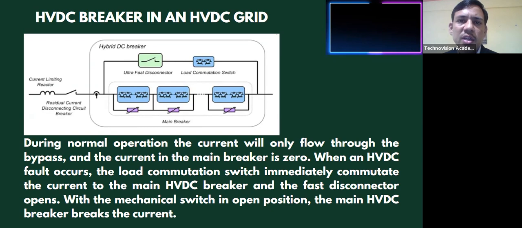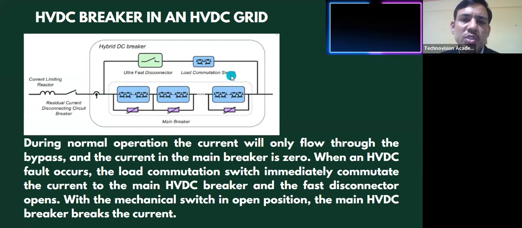But here in HVDC, especially VSC HVDC, we have to interrupt the DC. That is the issue, and that is already done by using semiconductor technology, especially IGBT valves or IGBT modules. So normally here power is fed through this bypass circuit, and the main breaker is in open condition.